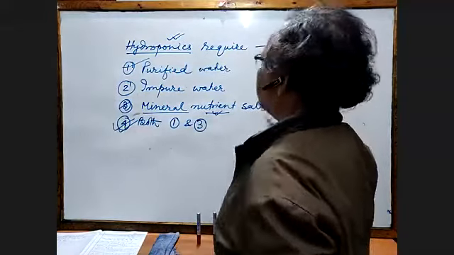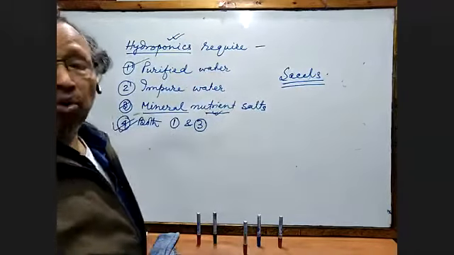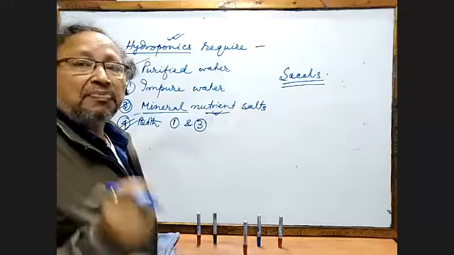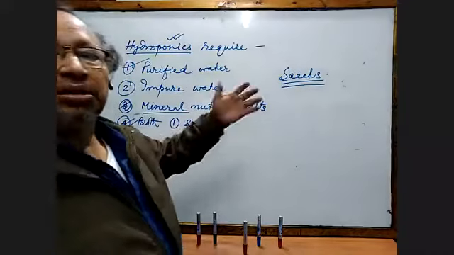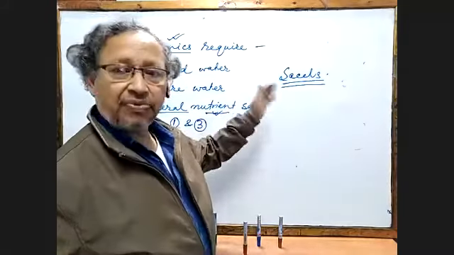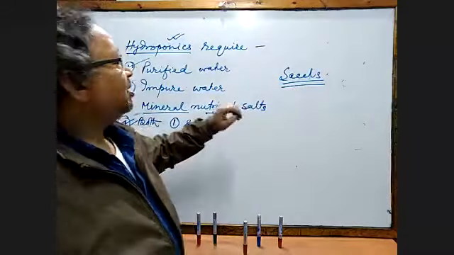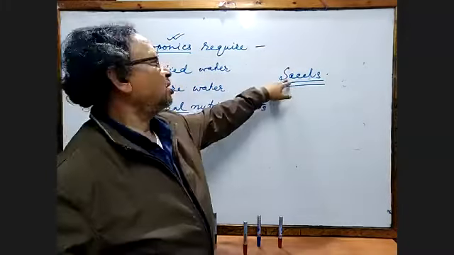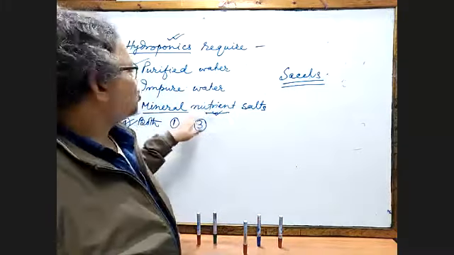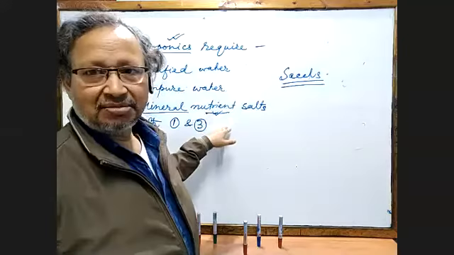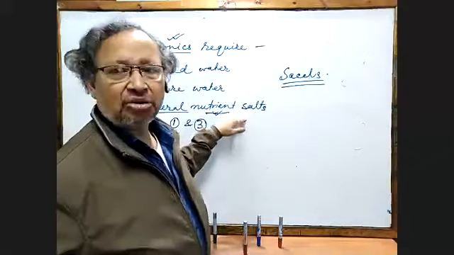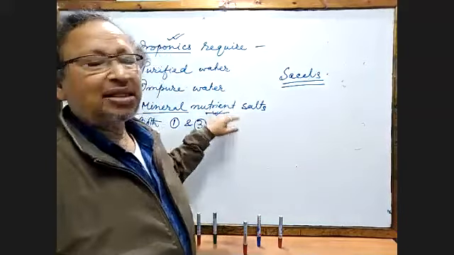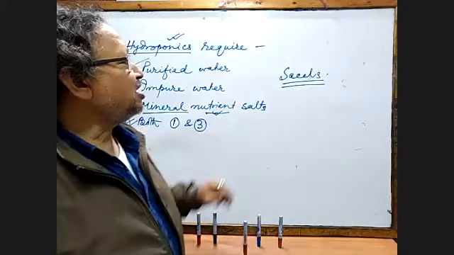He for the first time showed that the plant can be grown to maturity, till the flowering, fruiting, etc. Plants can be grown in a salt solution, but it should be a defined salt solution, that is, the nutrient solution.